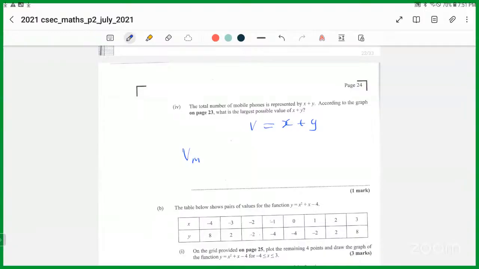V max is equal to 20 at the point 20, 0. That's the answer. That's the maximum value of x plus y. That is it, guys.